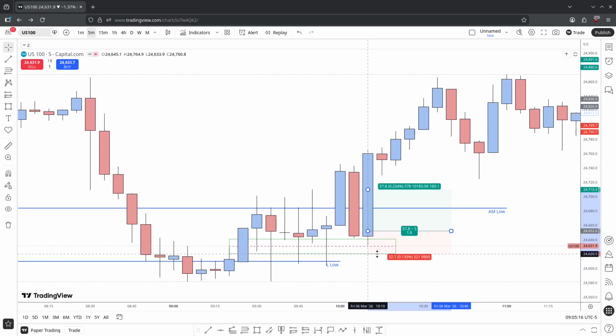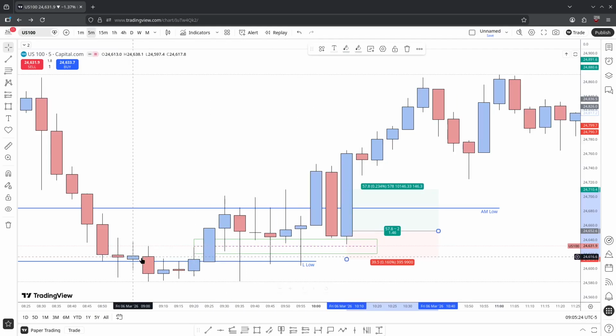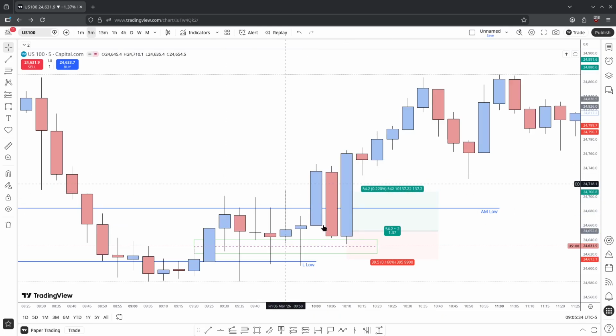And let's see for stop. For stop, you could just go below this. Just place it like there, below the level, and target your 10 handles, and you got them right there.